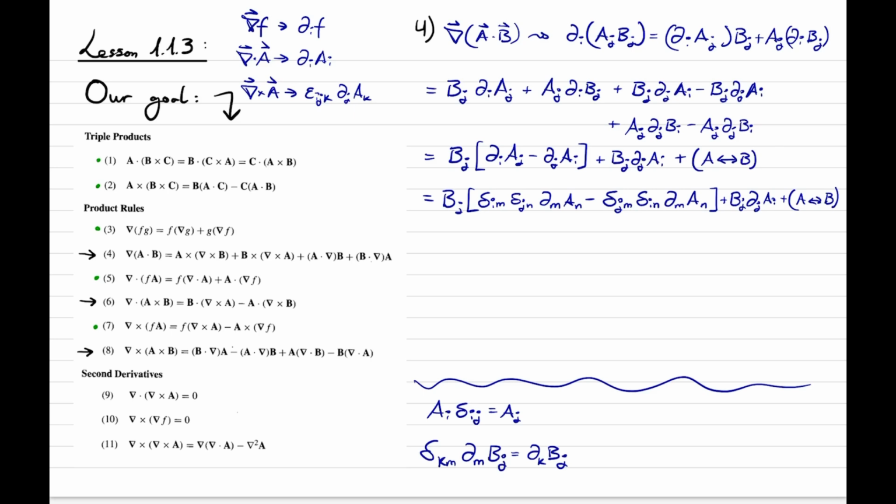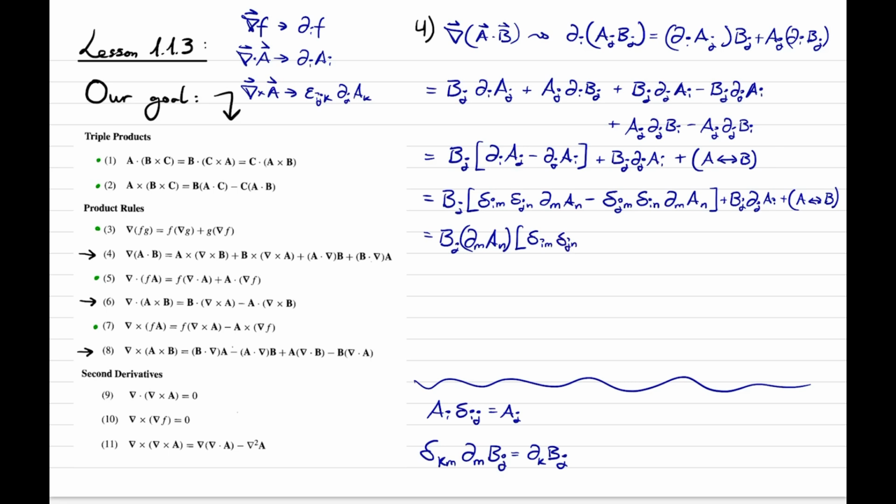So now we can pull out this factor, which is del_m a_n, and we have b_j del_m a_n. The del operator only acts upon a, and now we have this thing.